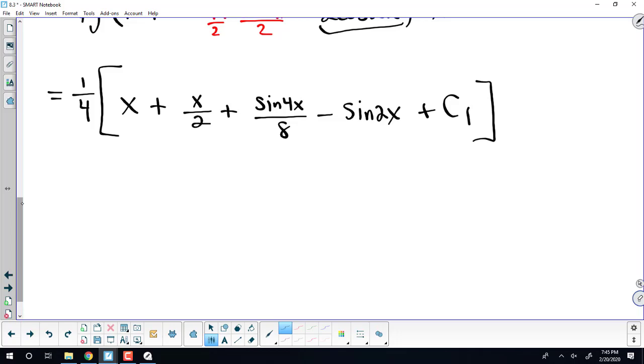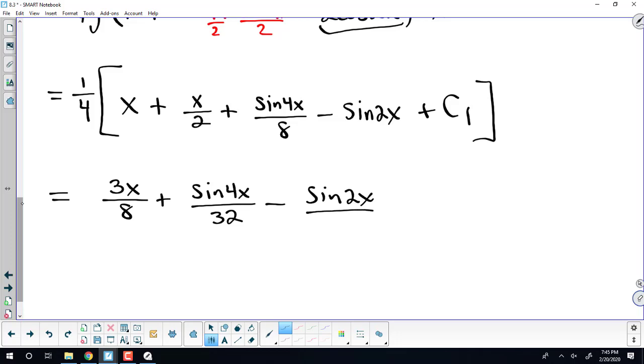Okay, so how many of these do we have? That's the basic idea. You can see, by hand it's super tedious. If you had sine to the 8th, having to do this 4 different times, it's quite a lot. We have 3x over 8, plus sine of 4x over 32, minus sine 2x over 4, plus 1/4 times this constant, another constant.